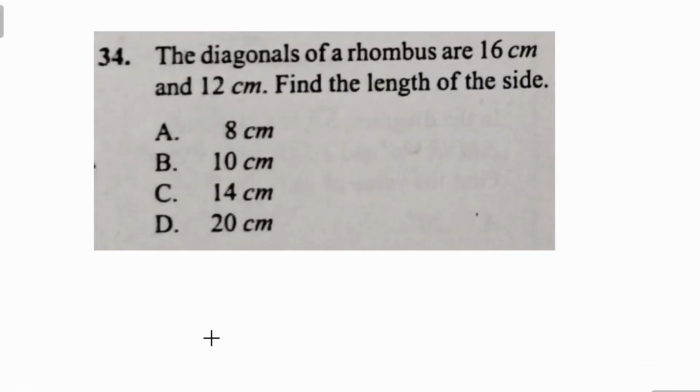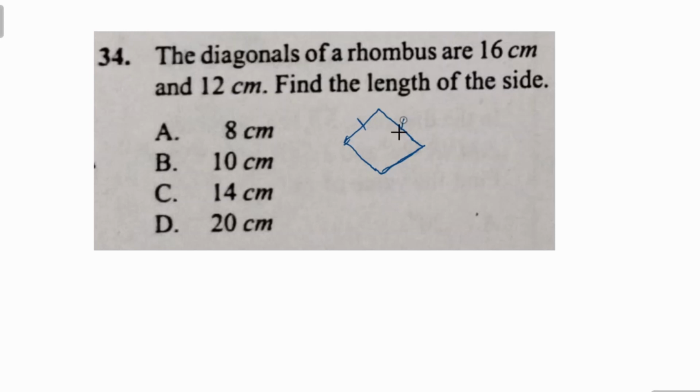Question 34 reads that the diagonals of a rhombus are 16 centimeters and 12 centimeters. Find the length of the side. Again, just as we did for the question before this, it will be advisable for us to sketch the rhombus. So let me give a quick sketch of a rhombus, which I normally describe as a pressed or a stretched square.